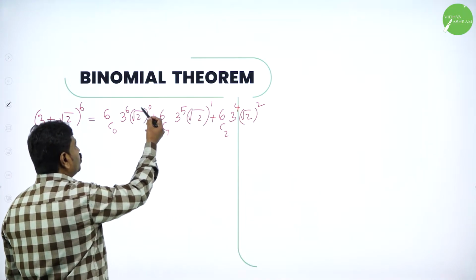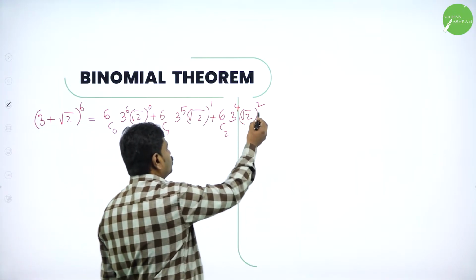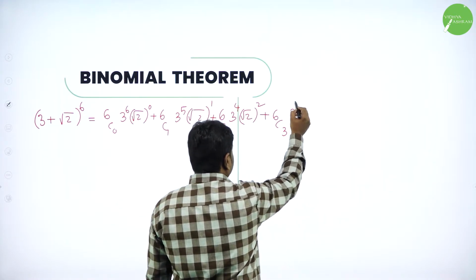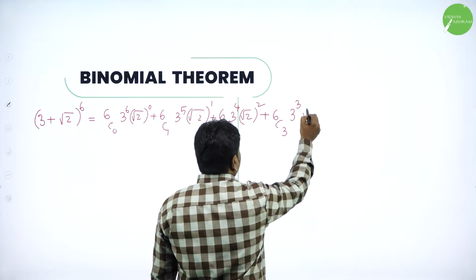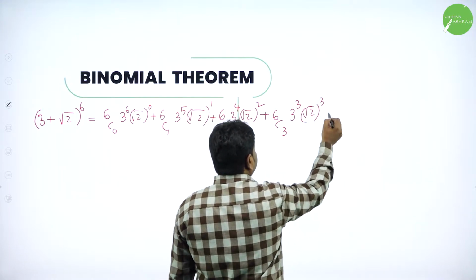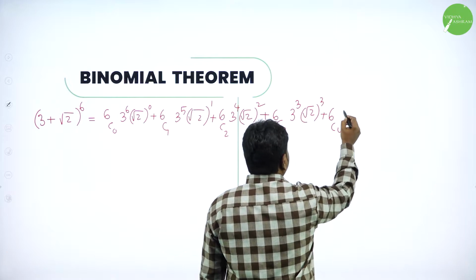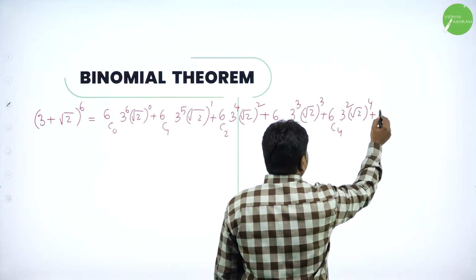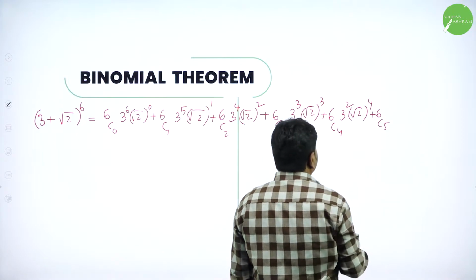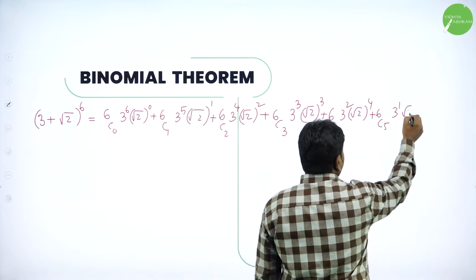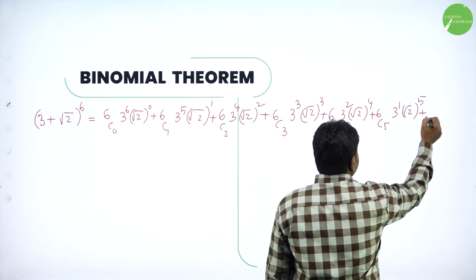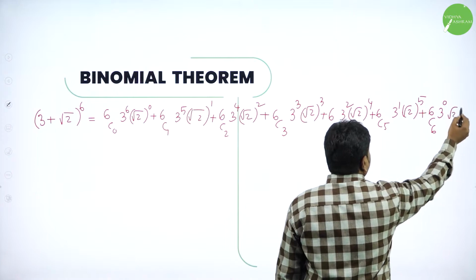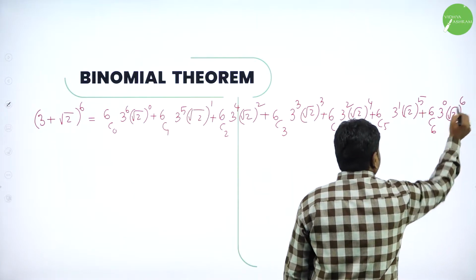Second term increases, root 2 power 0, root 2 power 1, root 2 square, then 6C3, 3 cube, root 2 cube, then 6C4, 3 power 2, root 2 power 4, and 6C5, 3 power 1, root 2 power 5, and the last term is what? 6C6, 3 power 0 and root 2 power 6. This is the expansion, power 6.